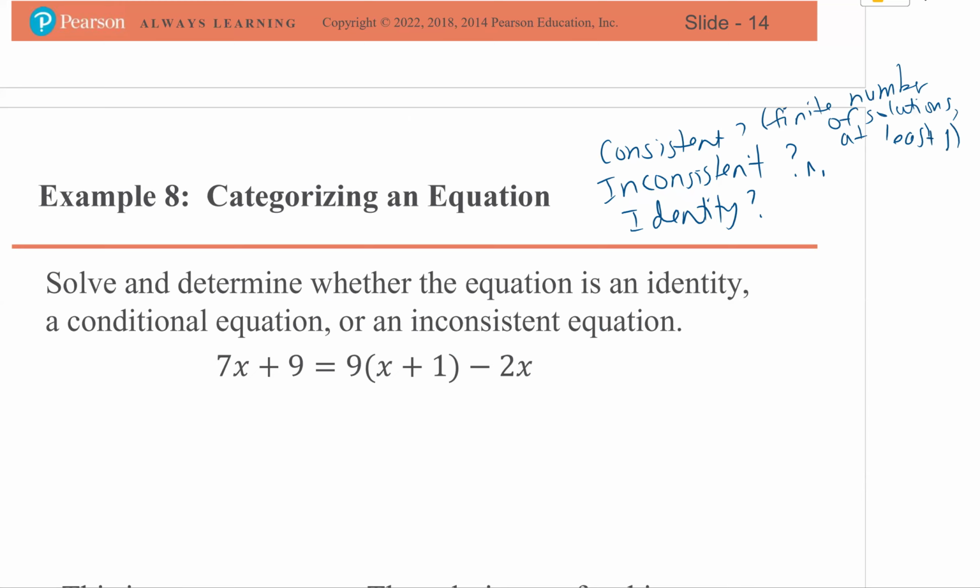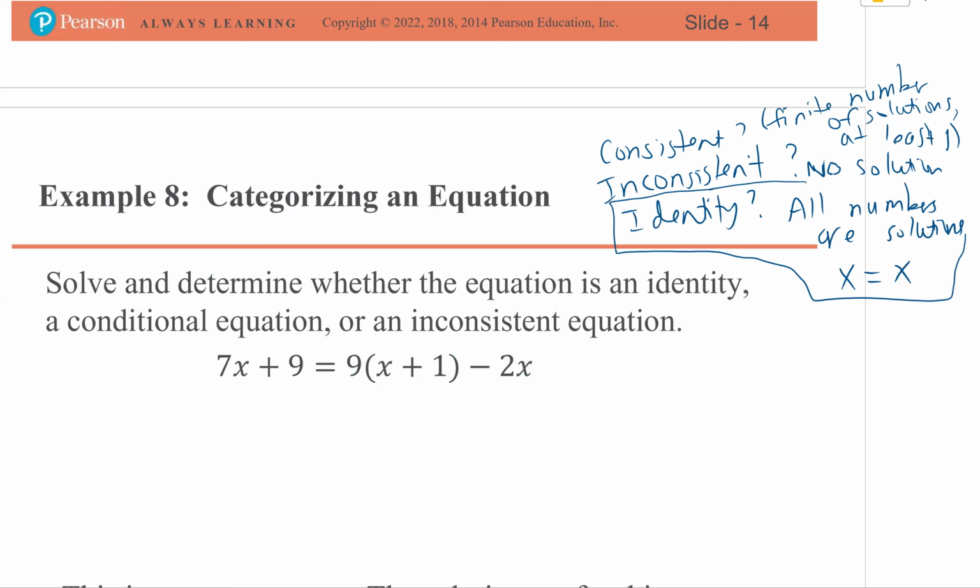Inconsistent is no solution, like we saw before. Identity is all numbers are solutions. Like we said, the first one, x equals x. That's true for every single x value you can think of. I don't care what x you say, it's always going to be true.